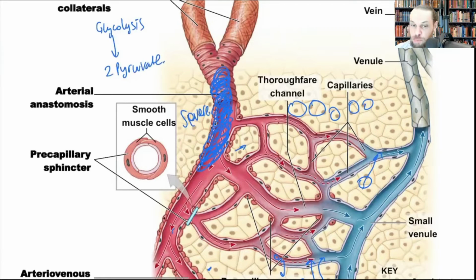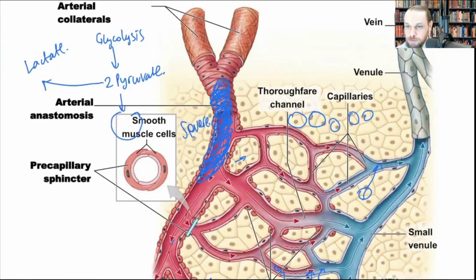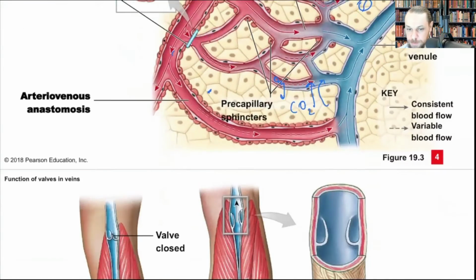And then in the presence of oxygen, it can go into the mitochondria and do all that stuff. But in this setting, this is going to go into lactate. And that's where you get your lactic acid. Septic patients, we measure their lactate, lactic acidosis. So this is very, very important to keep in mind.